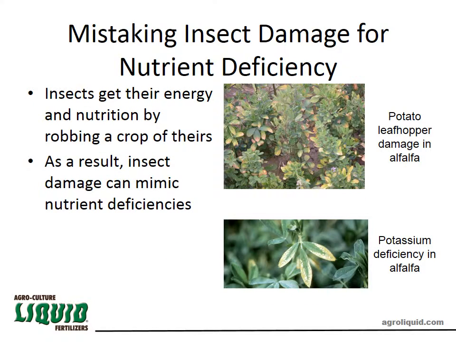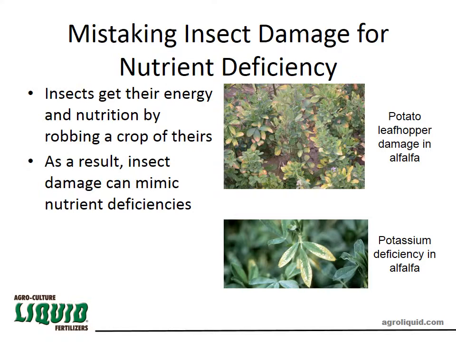Another mistake that we commonly see is misdiagnosing insect damage for nutrient deficiency. The reason is that insect damage many times looks like a nutrient deficiency due to the fact that those insects are robbing the plant of its energy and nutrition. Because of that, it makes the plant look as if it has a nutrient deficiency because it really does, but it's not because the nutrients aren't in the soil or aren't present.